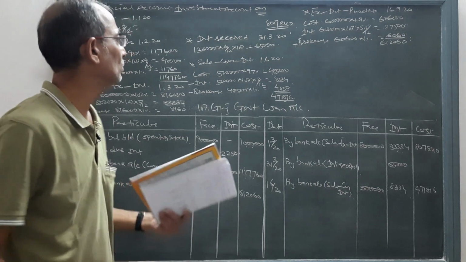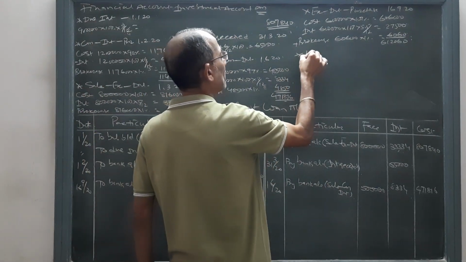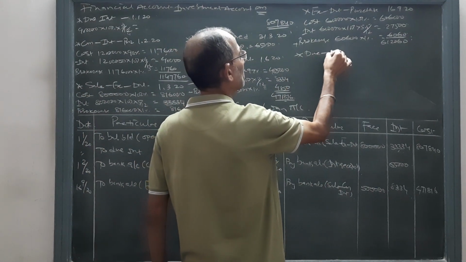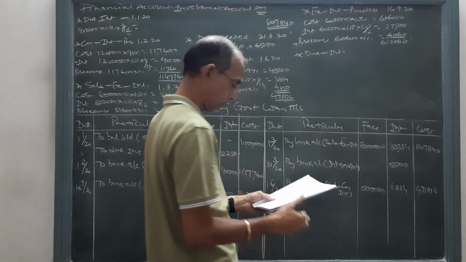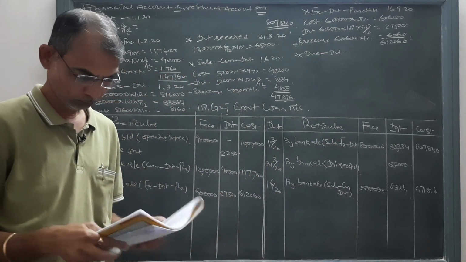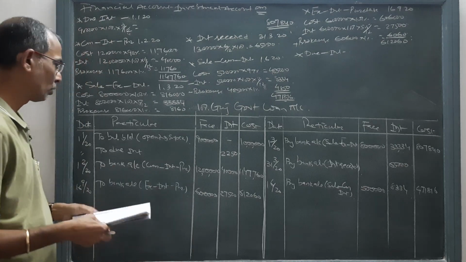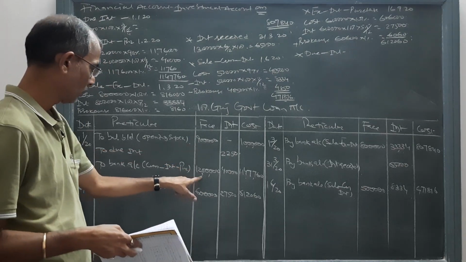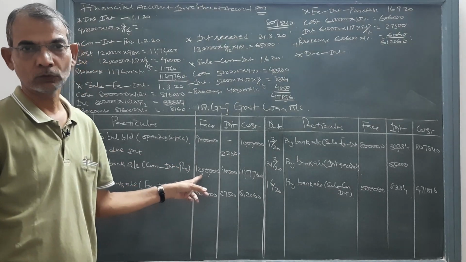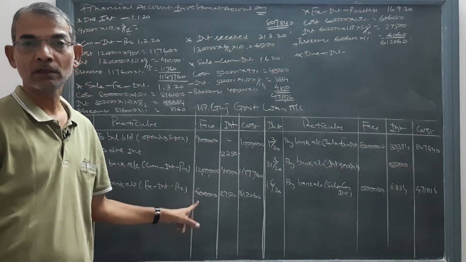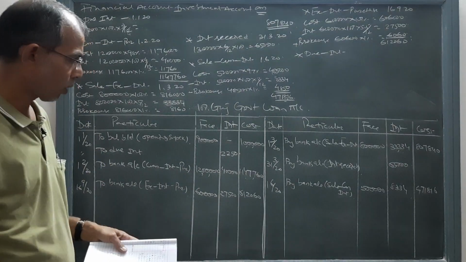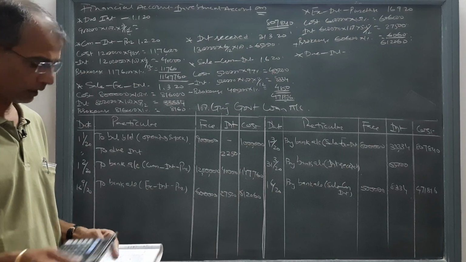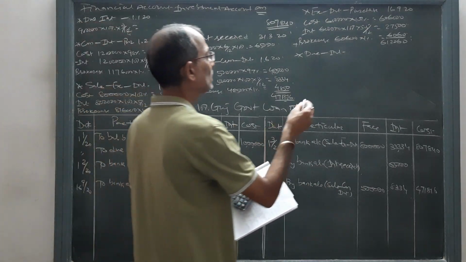Now lastly we have to calculate due interest. On which amount? 9 and 12, 21 and 6, 27, out of which 13 lakh has been sold.